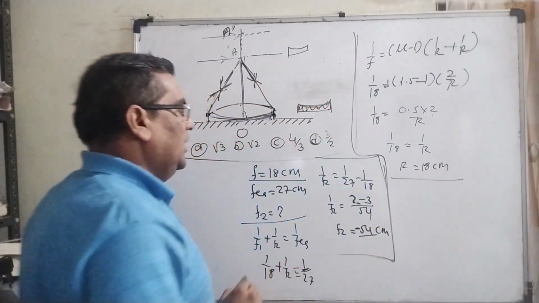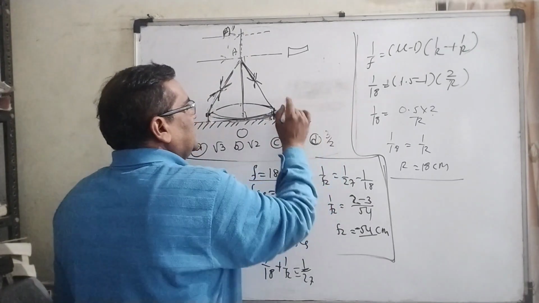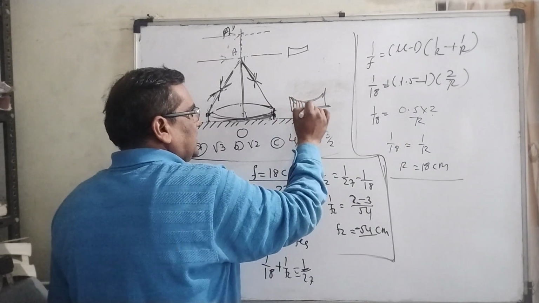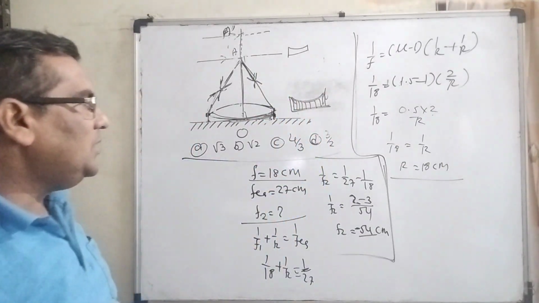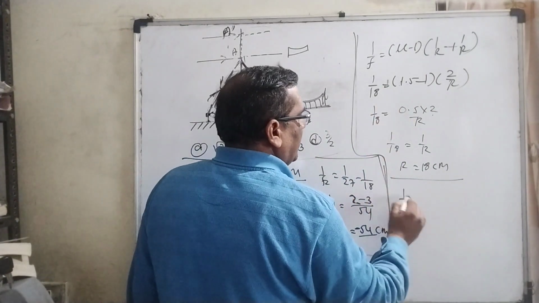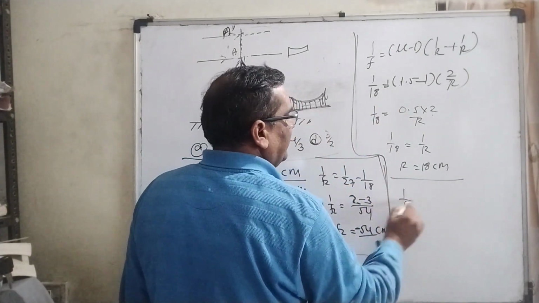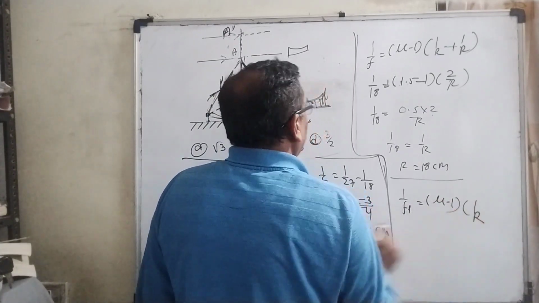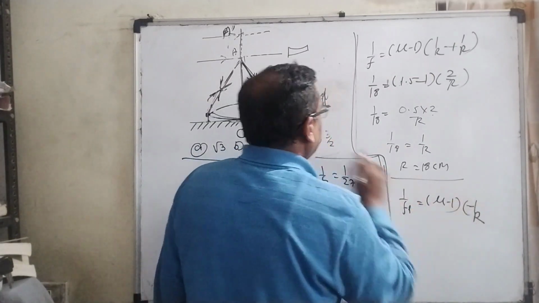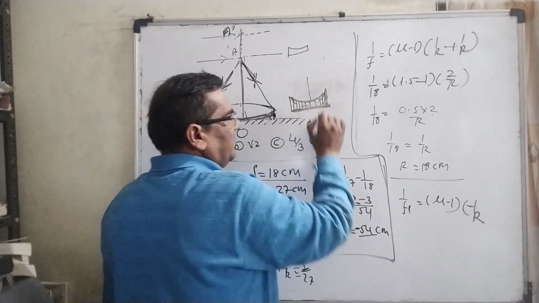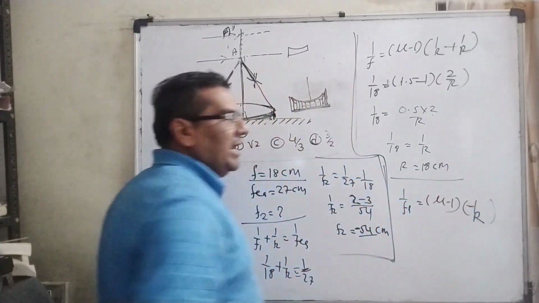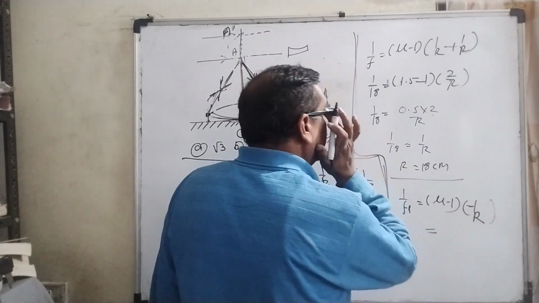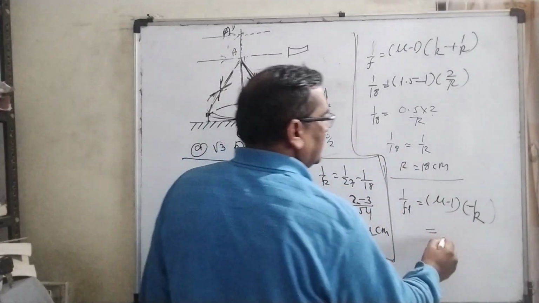Right. Now the second condition: you can consider this is a water lens, plano concave. Again we use the formula for this liquid lens: 1 by f of the liquid equals (mu L minus 1) times (1 by r1 minus 1 by r2). Its r is negative, and the other radius of curvature is infinity, so 1 by infinity is 0. And r you found is 18, so now it is minus 18.